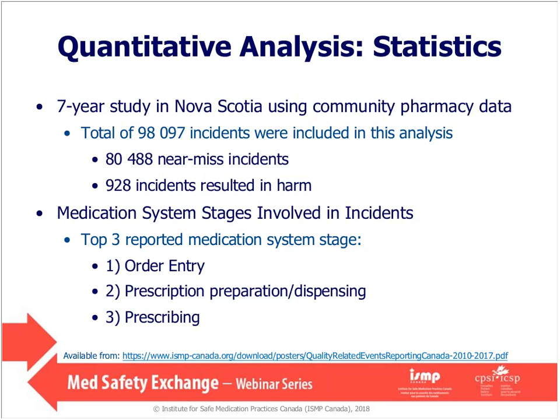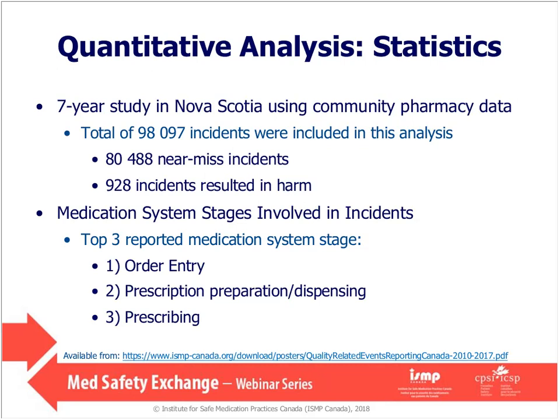In these next few slides, I want to summarize some of the findings from a 7-year study ISMP conducted with Nova Scotia using community pharmacy incident data. This study analyzed a total of 98,097 incidents. Of these, 928 incidents resulted in patient harm, while the rest were near misses or incidents that were caught before reaching the patient.